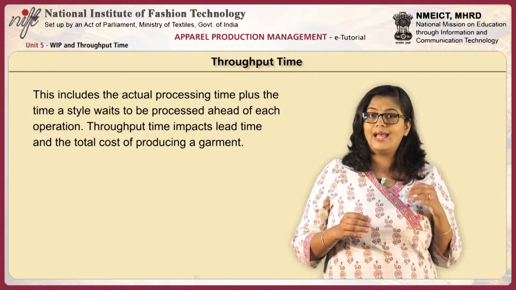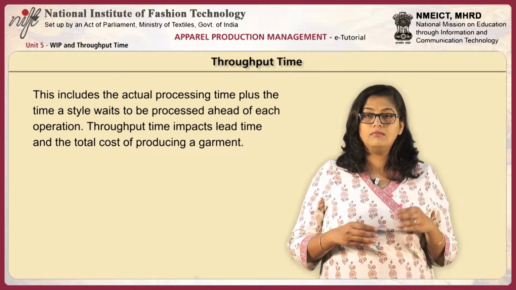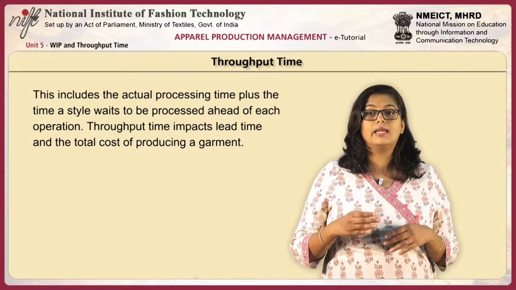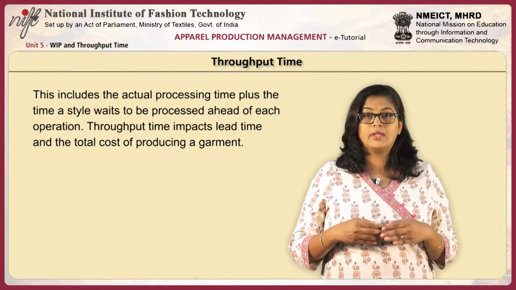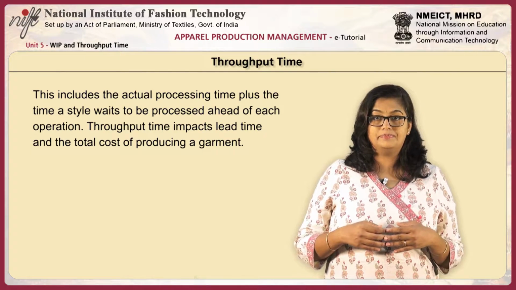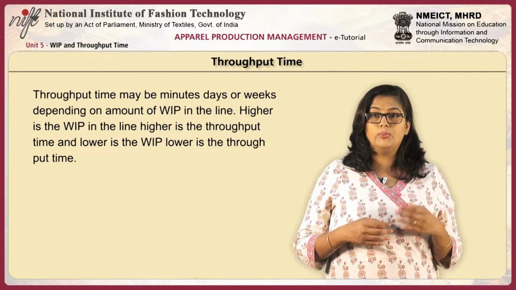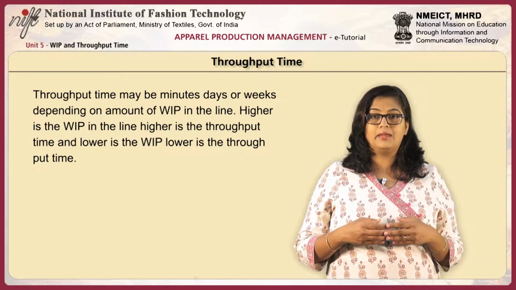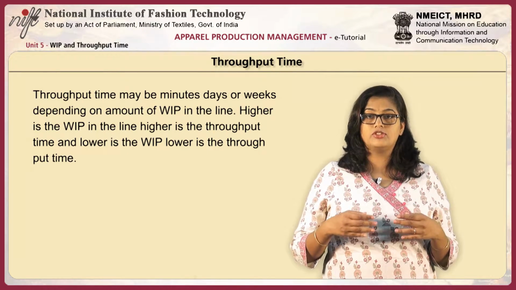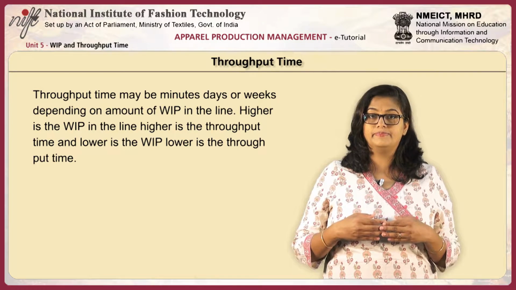This includes the actual processing time plus the time a style waits to be processed ahead of each operation. Throughput time impacts lead time and the total cost of producing a garment.